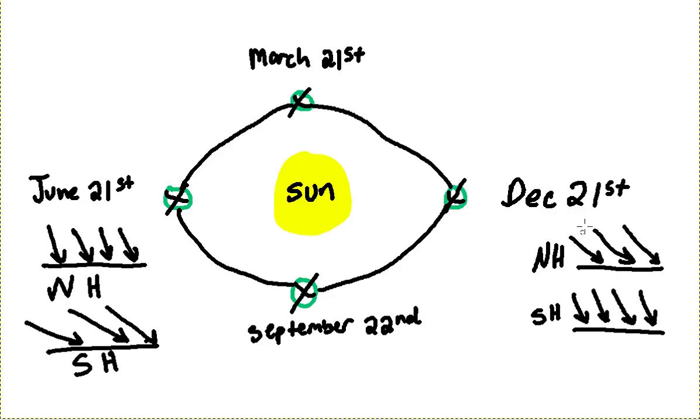I should have been keeping these at equal distance to make my point, but hopefully you get what I'm saying. Now over here, on the fall and the spring equinox, you get the same amount, so there's no need to draw the 2 pictures.